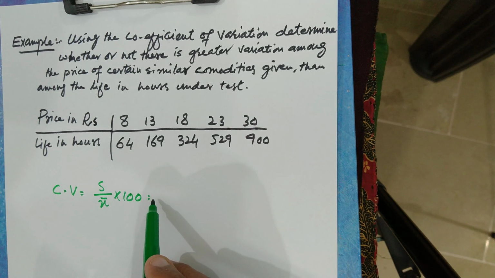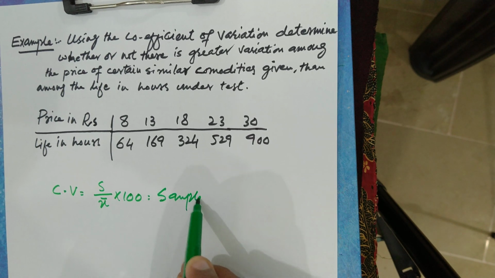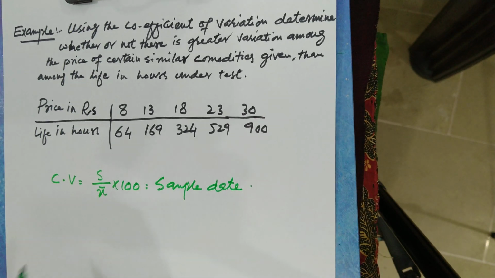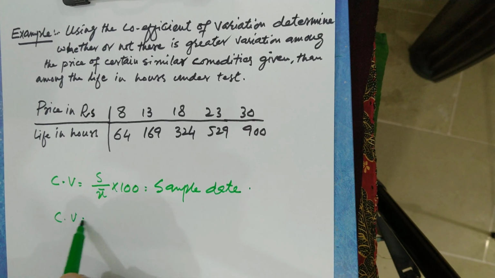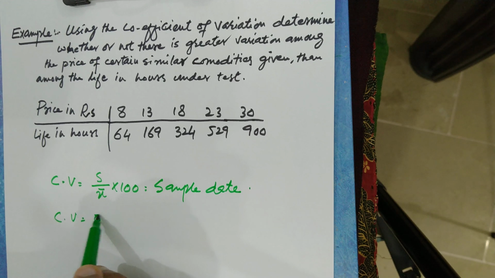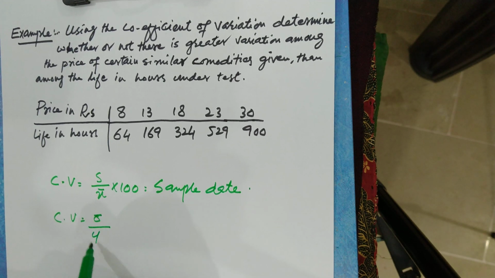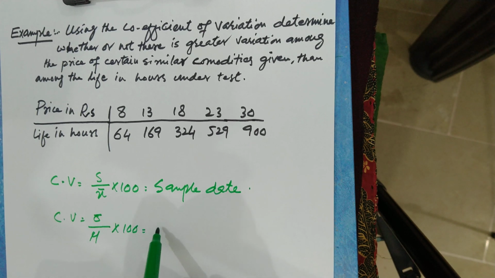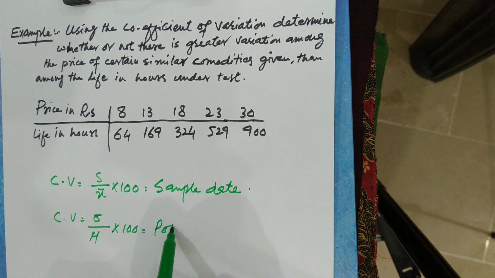This formula is used for sample data, but when we use the coefficient of variation for population data, it is sigma divided by mu multiplied by 100.